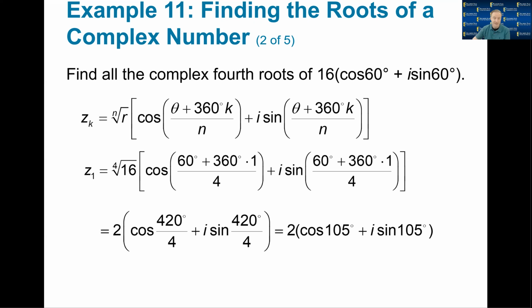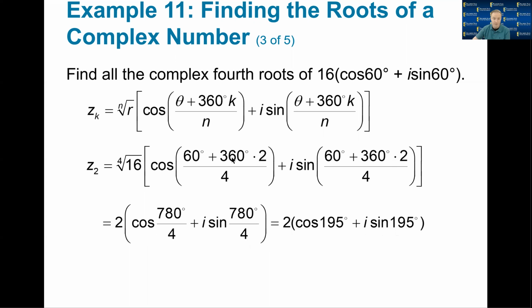The next one's going to be z sub 2. What's going to be the difference between z sub 1 and z sub 2? The only difference on the next page is wherever you see a 1 right here, I'll have a 2. That's it. Boom. You can see z sub 2 is going to be the 4th root of 16 times the cosine of 60, again, just your original angle, plus 360 times 2 over 4.